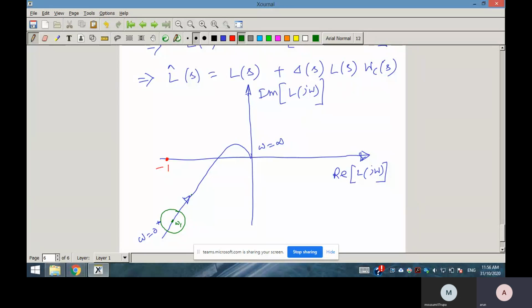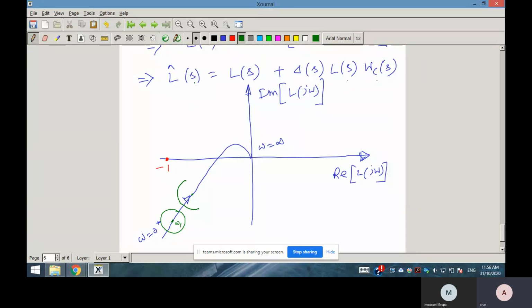Similarly, at omega 2, it will again lie within some disc. But at that time, will the disc radius increase or decrease? As frequency increases, W c magnitude increases. So at omega equal to omega 2, where omega 2 is greater than omega 1, this disc size will increase.